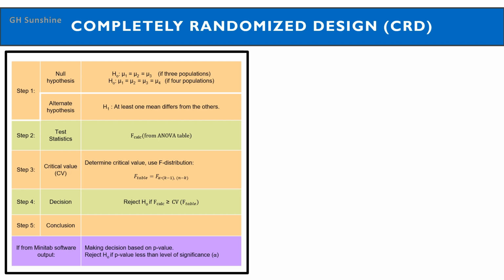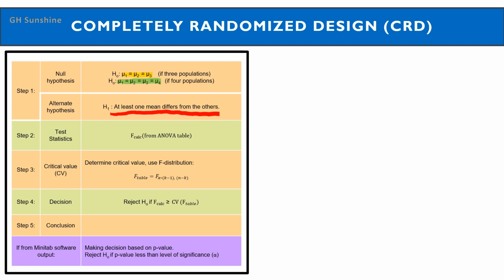For the null hypothesis, denoted by H0, let's say 3 populations, mu1 equal to mu2 equal to mu3. If there are 4 populations, mu1 equal to mu2 equal to mu3 equal to mu4. It depends on how many populations. Then the alternate hypothesis is at least one mean differs from the others.